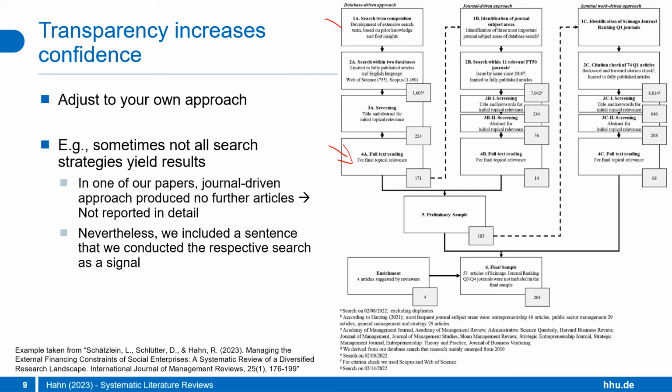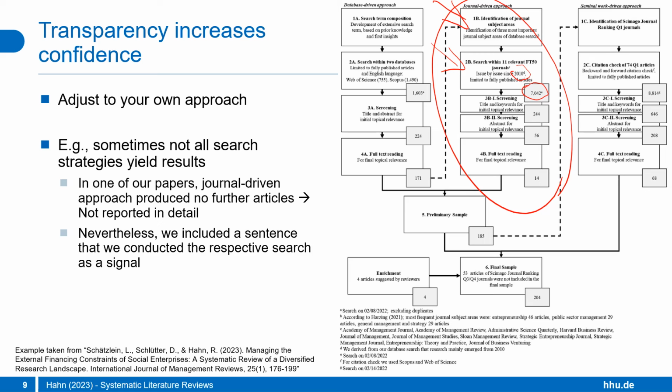So that was first the database-driven search. Then we complemented that with the journal-driven search. We started with identifying journal subject areas and had a look at the most important journals in the respective fields. We then looked through 11 journals, issue by issue, and we mentioned the year which we started with. That's the number of articles we looked at.